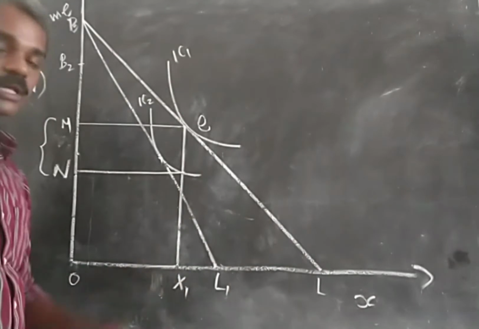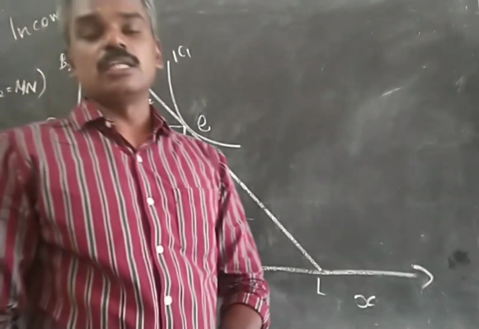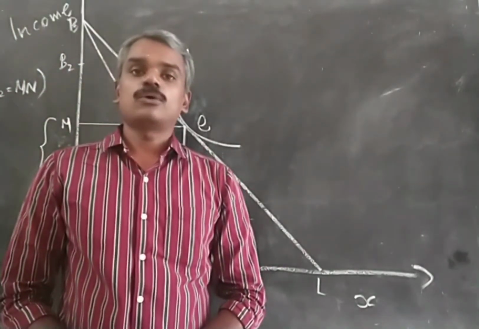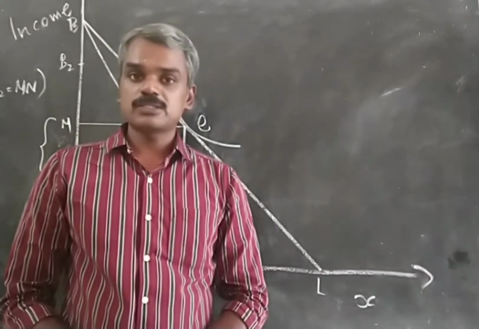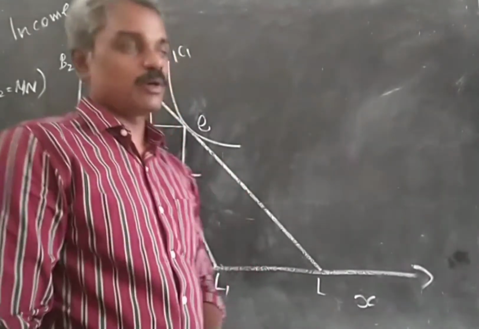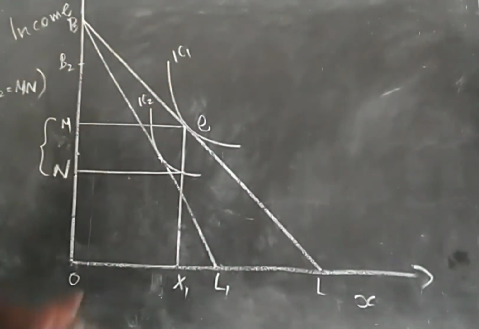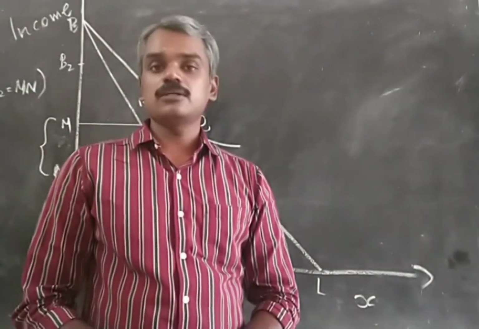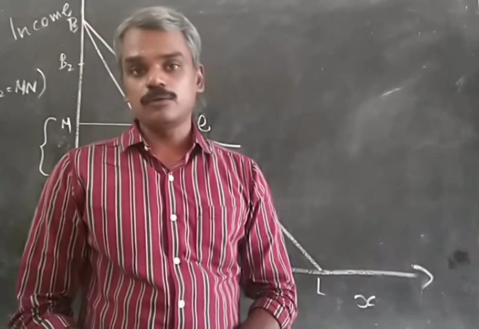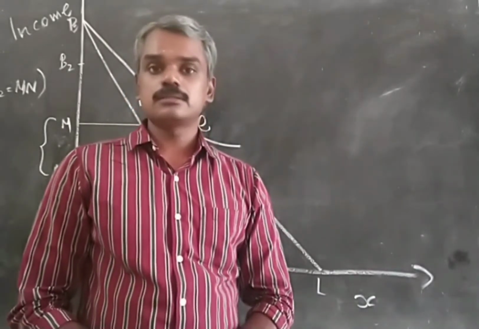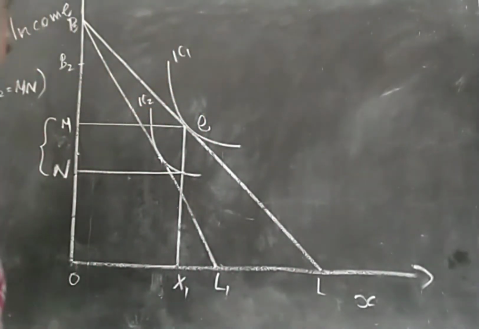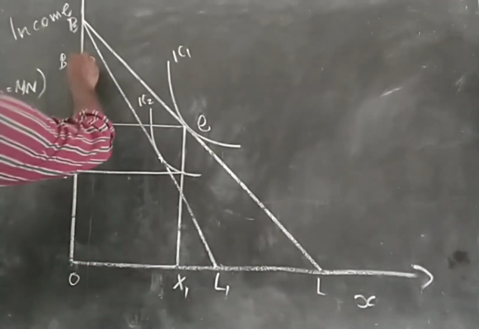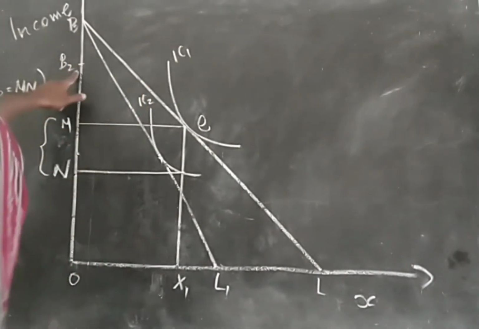Earlier the budget line rotated downwards because it was an increase in the price of X, so only the slope of the budget line changed and not the Y intercept. But here the income of the consumer is being reduced, and when income is reduced or increased, the budget line shifts parallelly inwards or outwards. Because income has been reduced, the budget line shifts parallelly downwards, and the new starting point becomes B2.